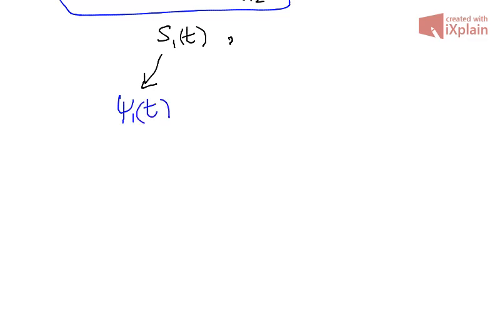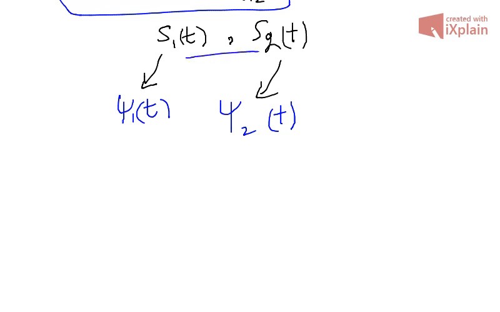Then we selected another non-orthogonal waveform, and we found psi 2 of t from it, right? Now we have used two waveforms, and we found two orthonormal signals. So in this set we have two orthonormal signals.